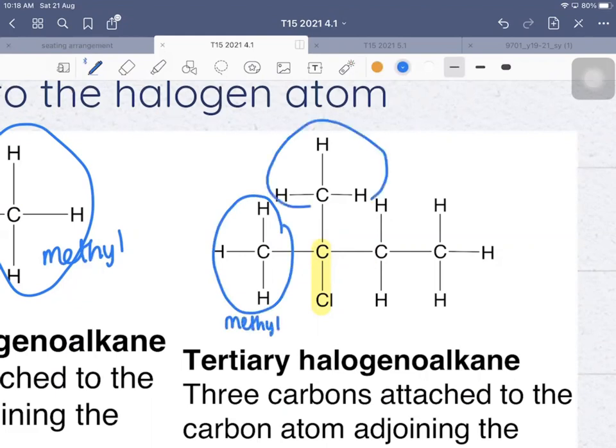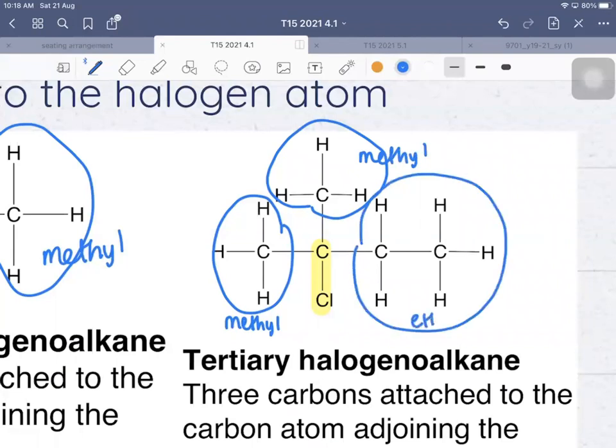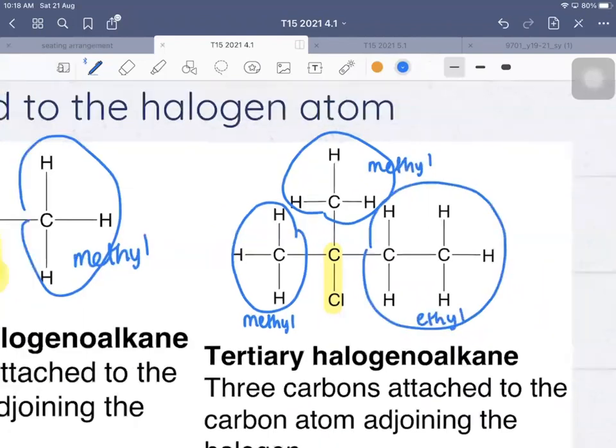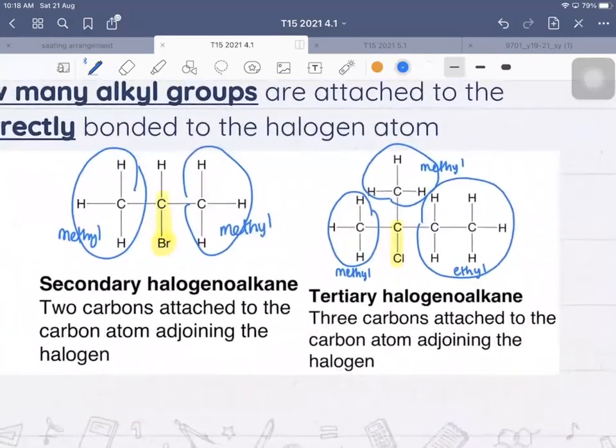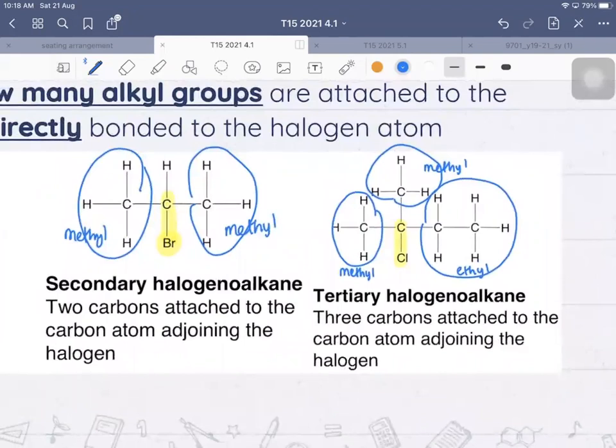This is also another methyl group, which is an alkyl, and that is an ethyl group. So there are 3 alkyl groups, or 3 carbons, attached to the carbon atom adjoining the halogen.